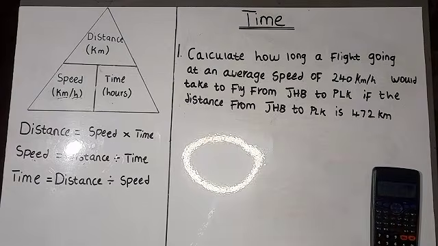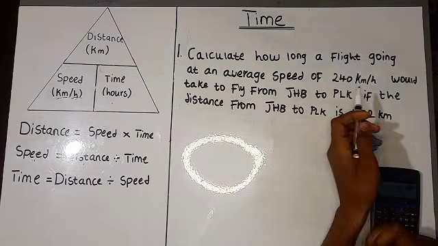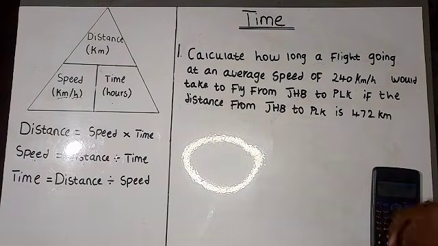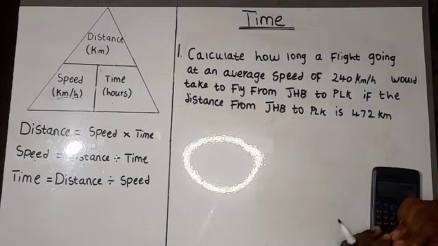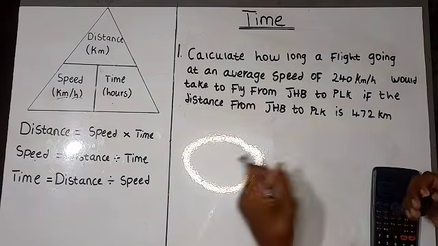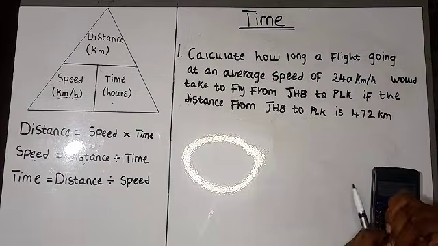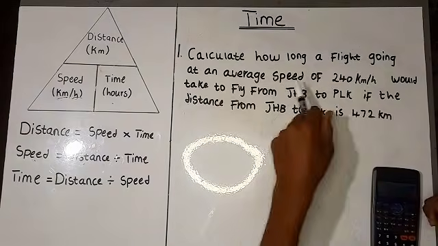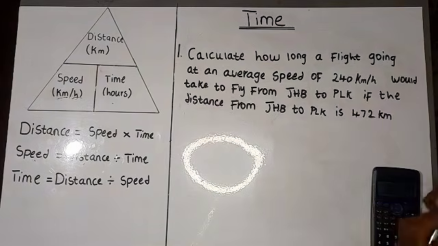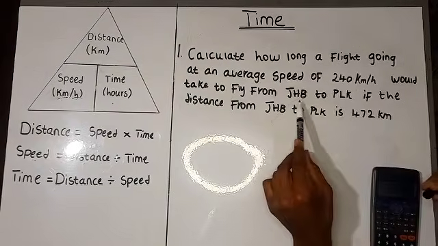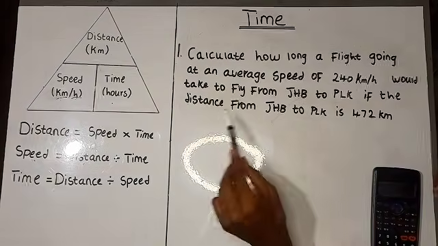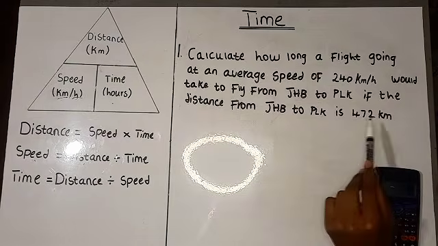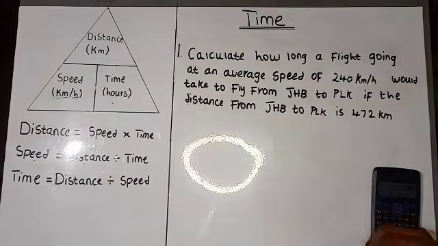So the last question says calculate how long a flight going at an average speed of 240 kilometers per hour would take to fly from Johannesburg to Polokwane if the distance from Johannesburg to Polokwane is 472 kilometers. Let me read the question again.